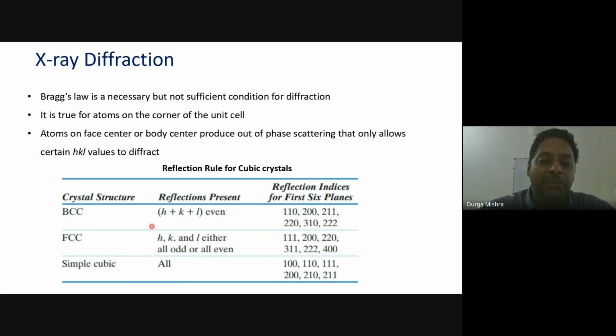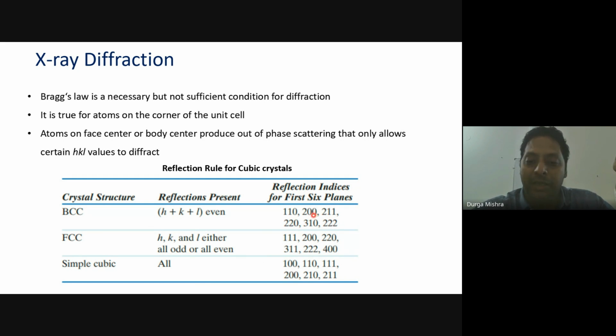So this can be useful because if you can identify the Miller indices for a given crystal, you can say, okay, I see diffraction peaks corresponding to only all odd or all even indices. So immediately you know that the material has an FCC crystal structure. But if you see 110, 200, 211, for example, then 110 is absent in FCC.